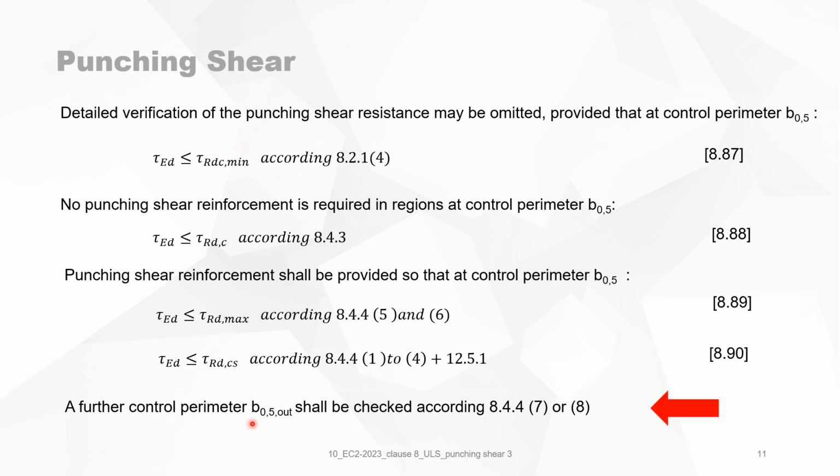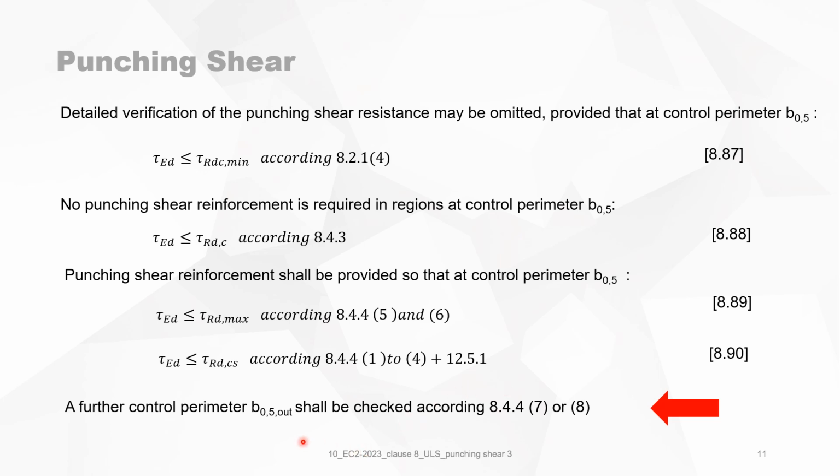Further, the control perimeter b0.5,out shall be checked according to the previous formulas that we have seen. So first we check one perimeter b0.5. We calculate the needed reinforcement, and we put this reinforcement, for instance, in each reinforcement perimeter that is needed.